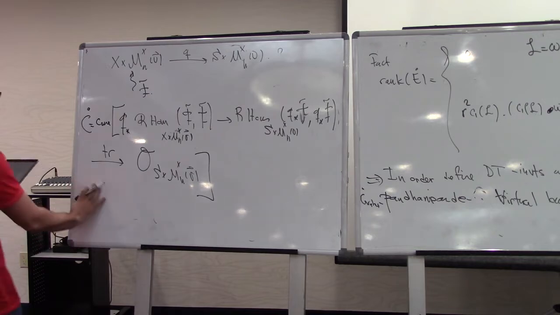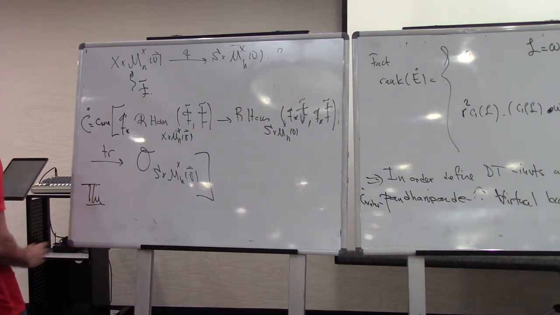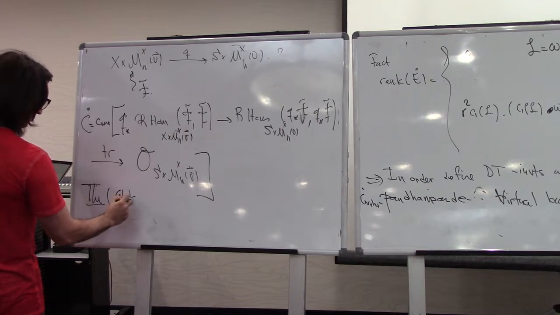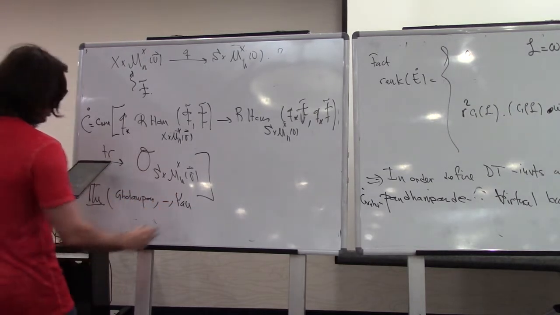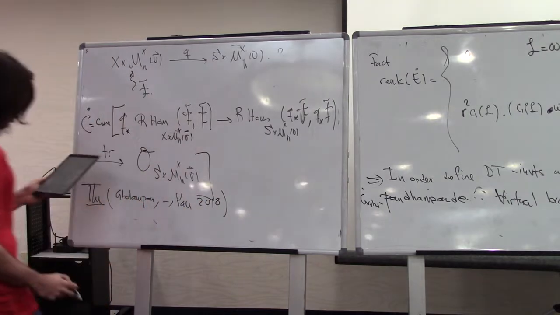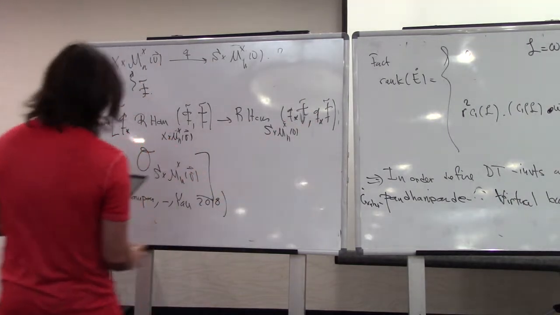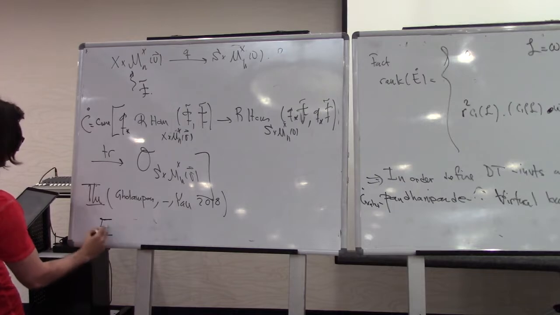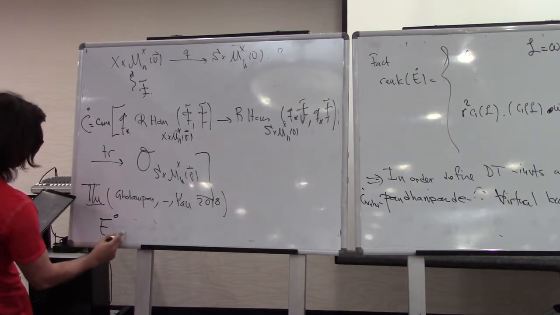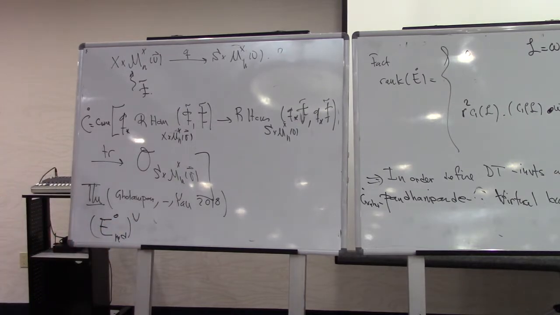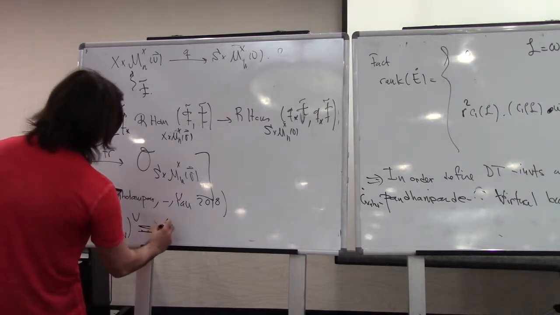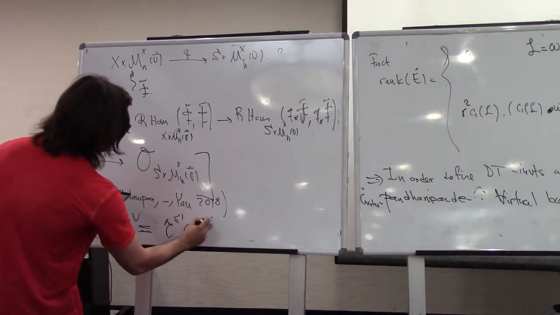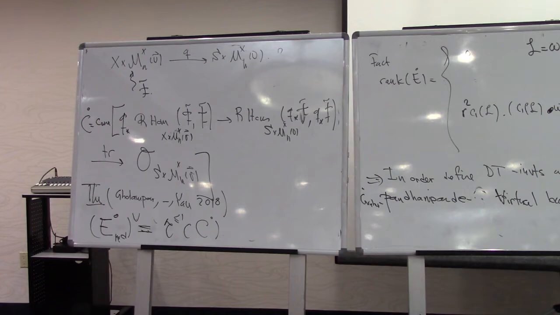And then here's a theorem, which is with Gholampour and Yao. This was in 2018. We showed that the reduced obstruction theory, the dual of the reduced deformation obstruction complex, is given by a certain truncation of this cone. This was our theorem.